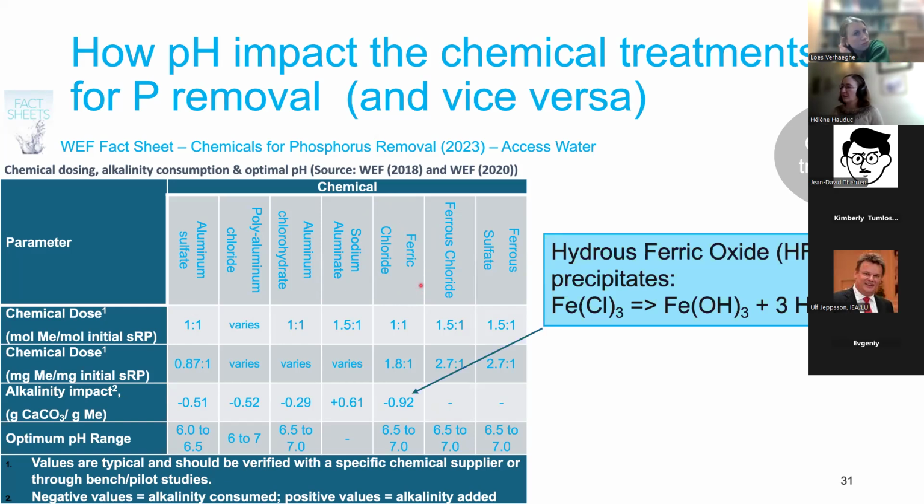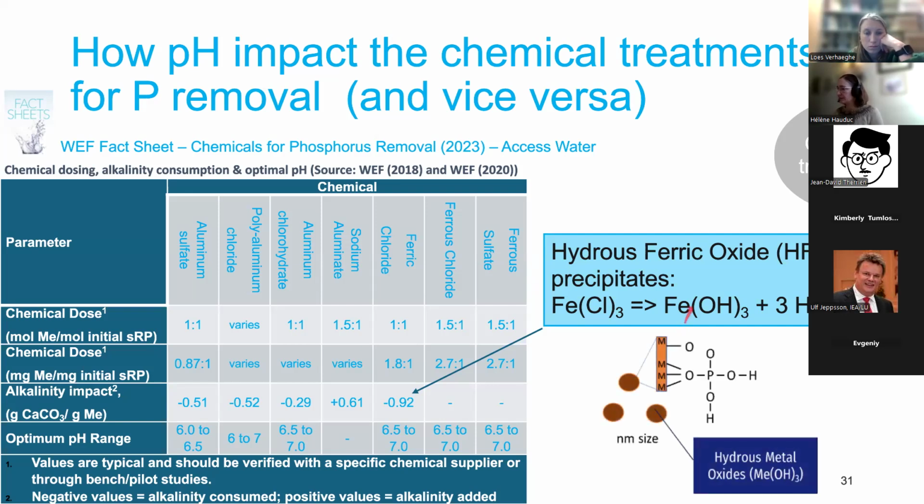It's because when you dose ferric chloride, it will precipitate into hydrous ferric oxides, and it will release 3 protons per mole of iron. So it has to be accounted for, as it will affect the pH a lot eventually. So you may have to add more alkalinity to counterbalance.